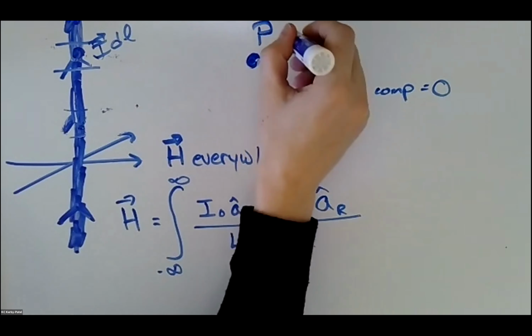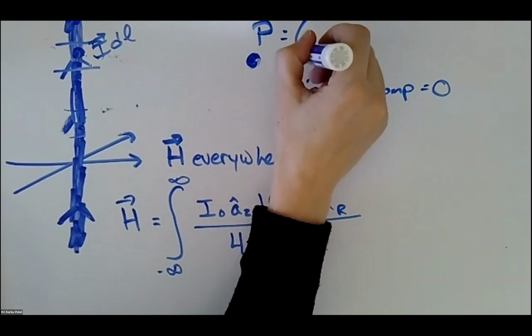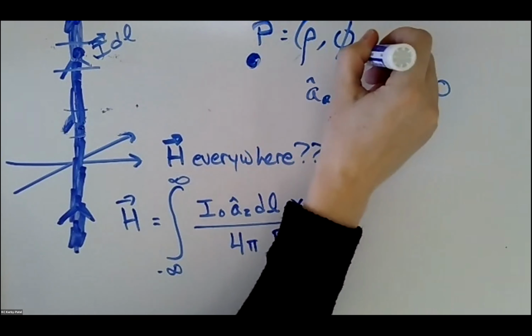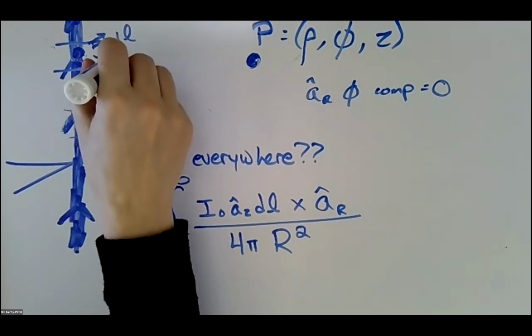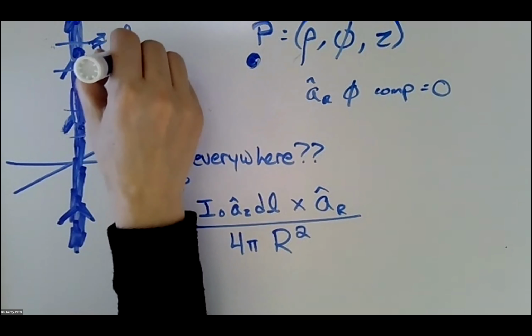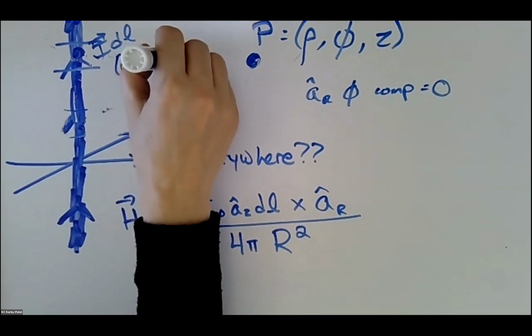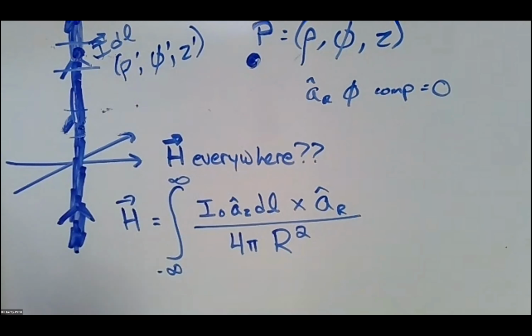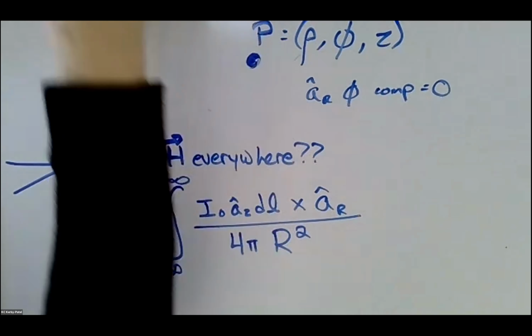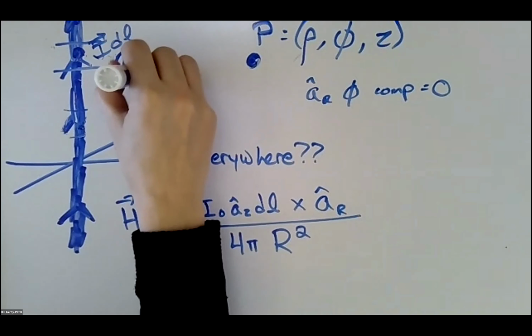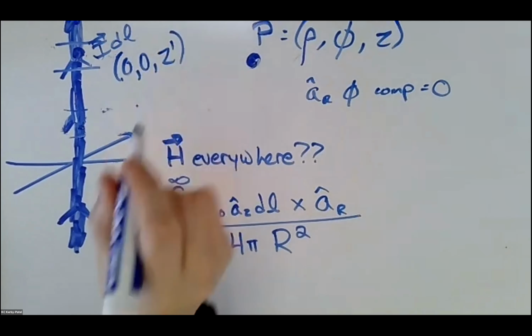So P is going to be at rho, phi, and z. And I dl is going to be at rho prime, phi prime, and z prime. But since it's on the z axis, the first two variables are just 0. 0, 0, z prime.